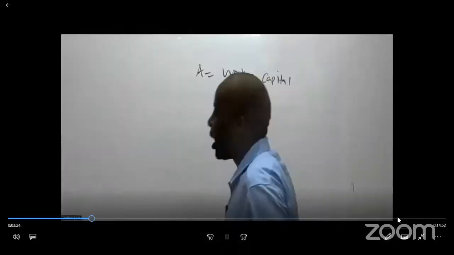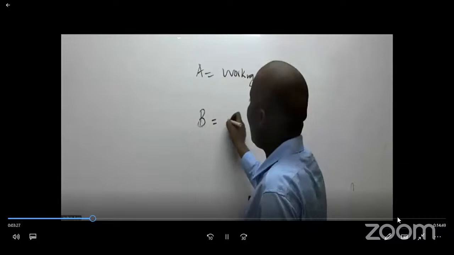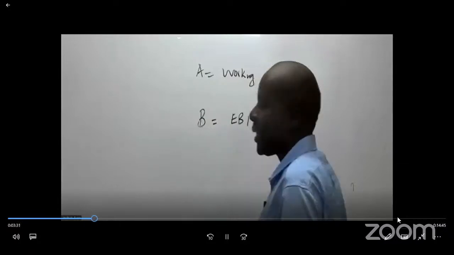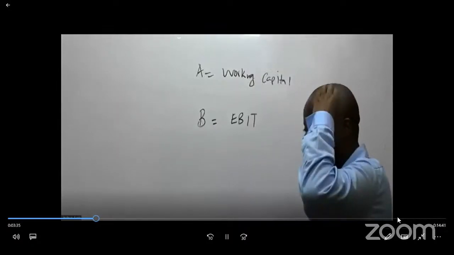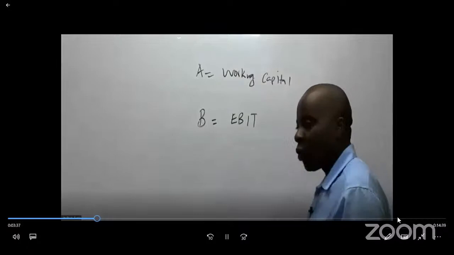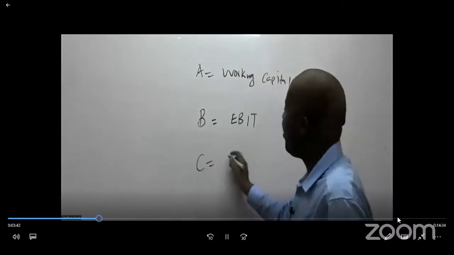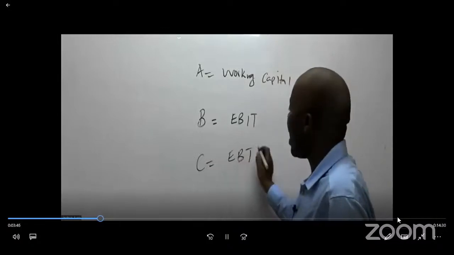And then we have ratio B. Ratio B is the operating profit. Operating profit is the same as earnings before interest and tax. That is ratio B. And then we have ratio C, which basically is earnings before tax.